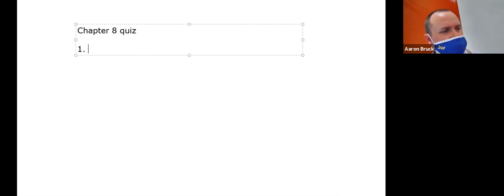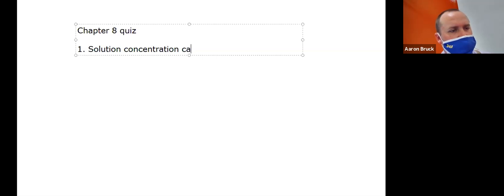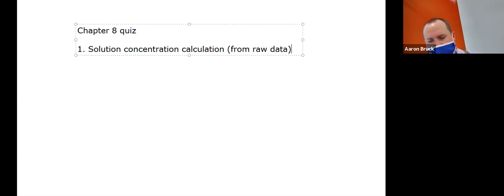The first is going to be a calculation. So I'm going to give you some raw data. You need to be able to turn it into a percent or a molarity.